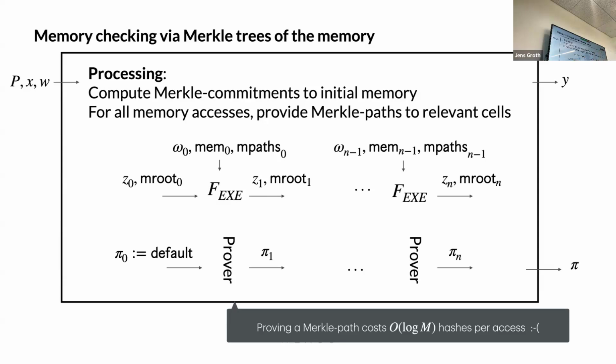The memory checker explicitly checks that path and sees, yes, indeed, that was the value at that address. Then whenever we have done some execution, the memory will have changed, so we output the updated root of the memory as the input to the next step, and that can be used to check memory accesses and so forth.